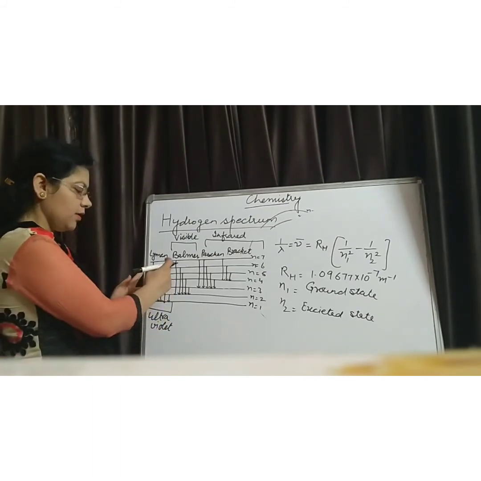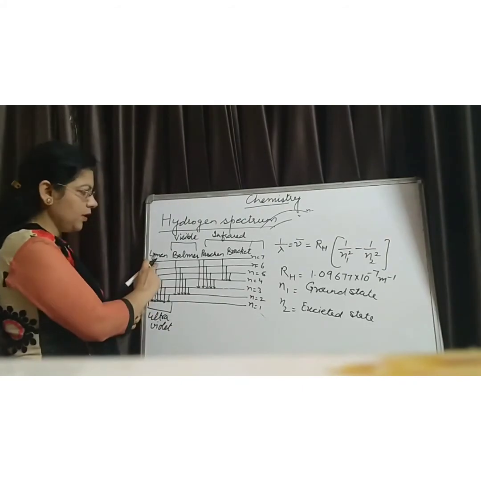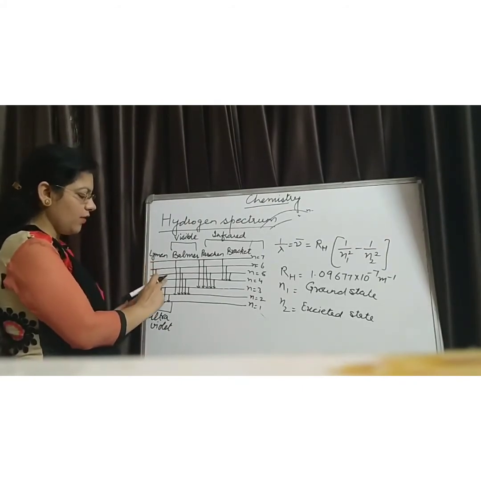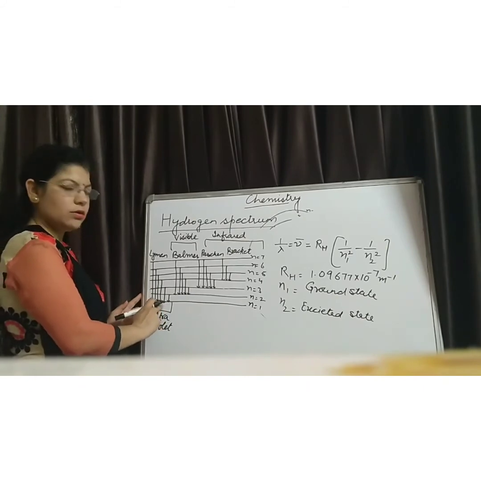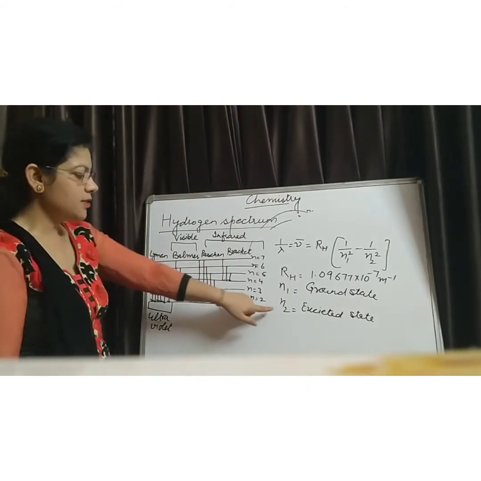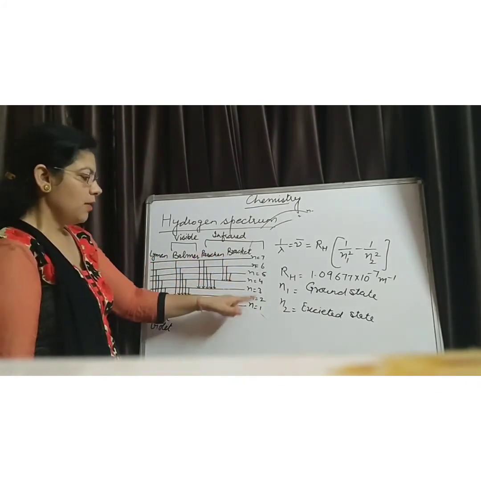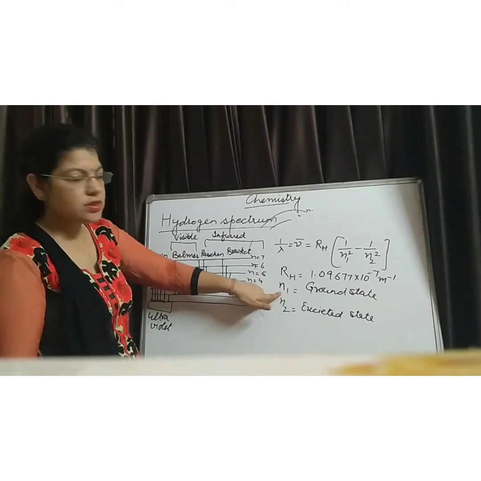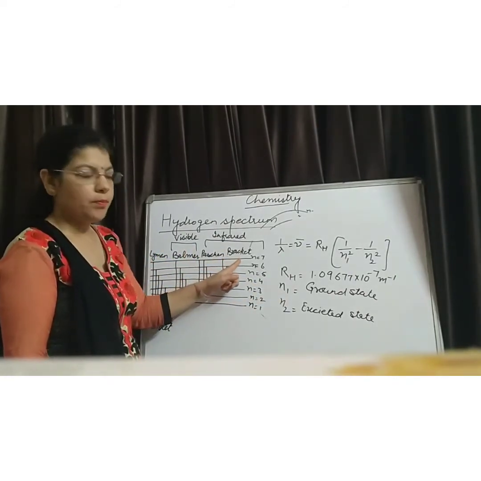For example, in the Lyman series, N2 may be 7, 6, 5, 4, 3, 2 and N1 is 1, and the excited state is N2. N2 may vary in different series but the ground state is fixed in Lyman, Balmer, Paschen or Brackett.